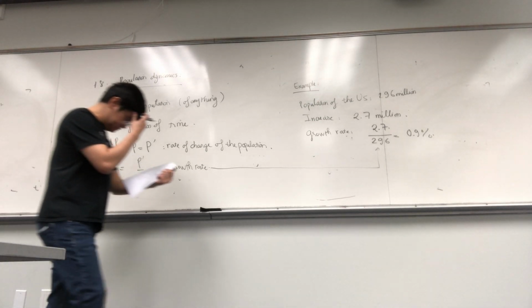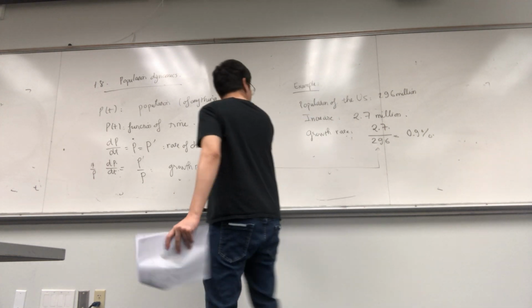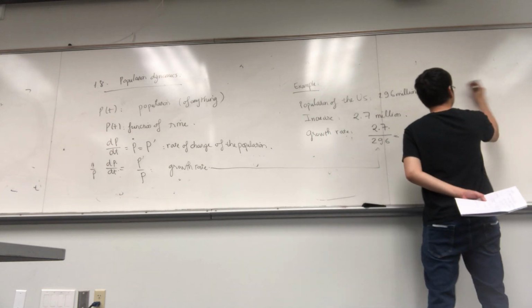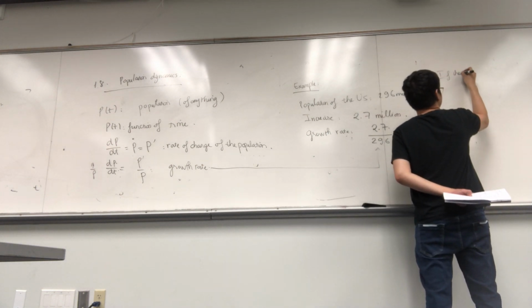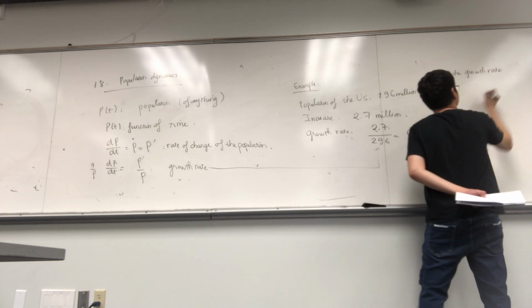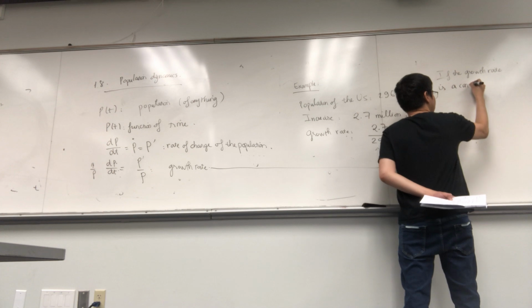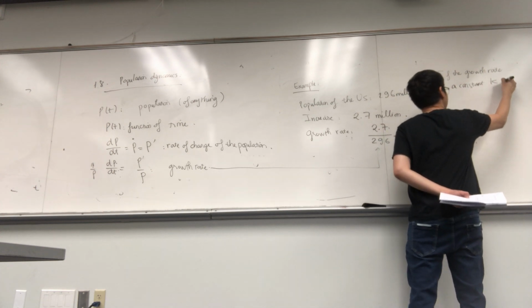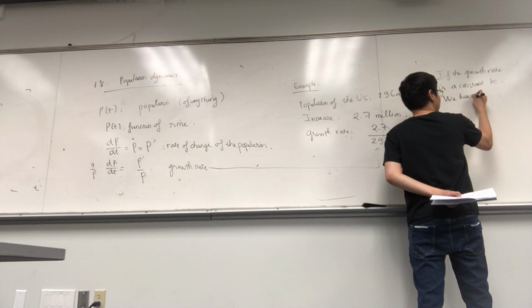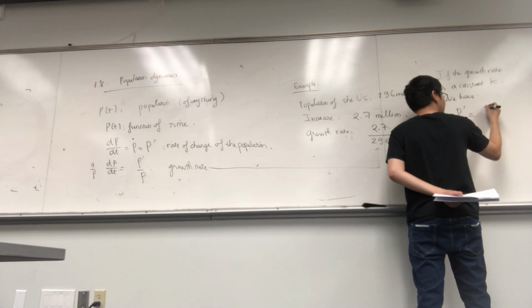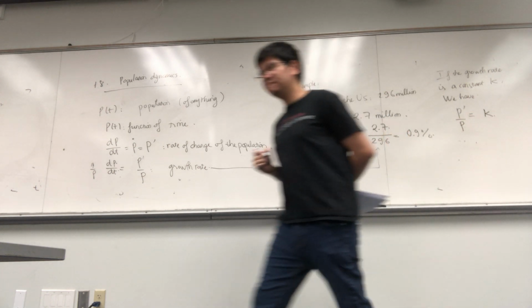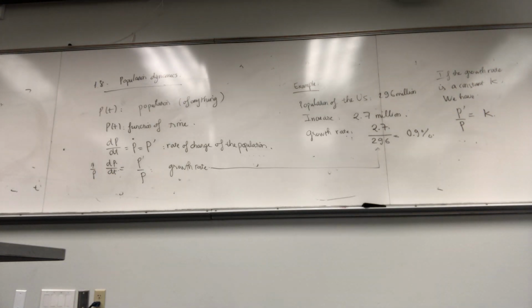Now, if the growth rate is a constant, we then have P prime over P is equal to k, right?